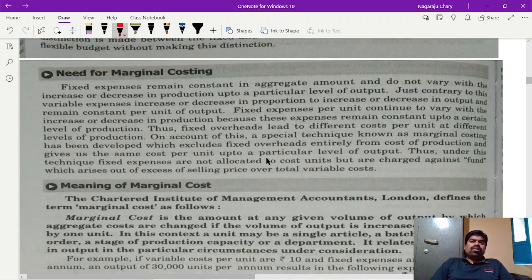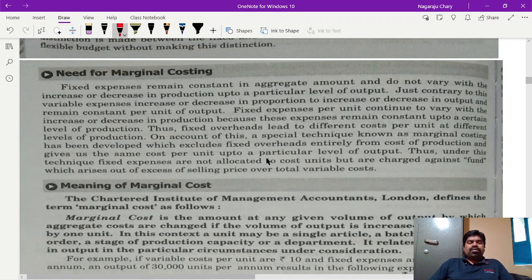Then what is the use of including fixed cost every time in the total cost? That would only increase the total cost. So up to some level of production, fixed cost is fixed. If there is no increase or decrease of production, it will be fixed. So that's why the problem is there.